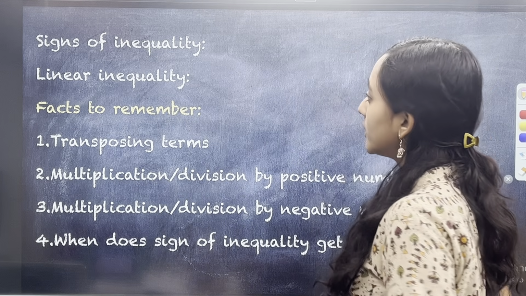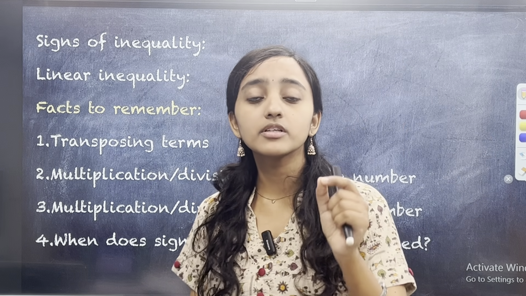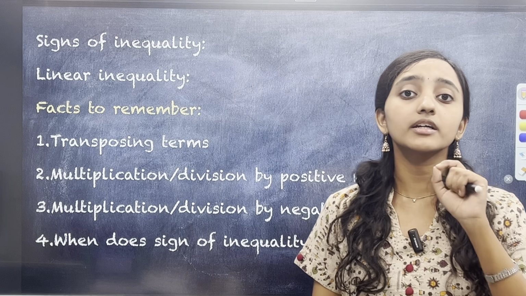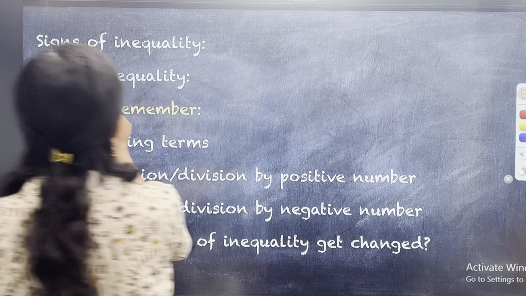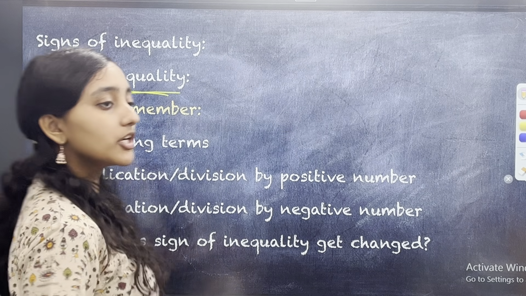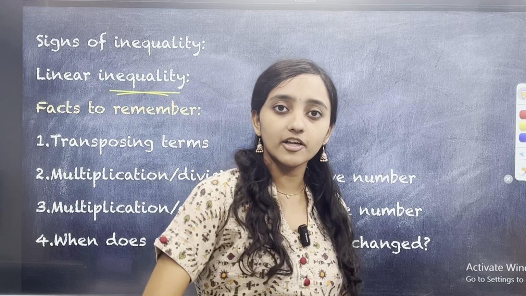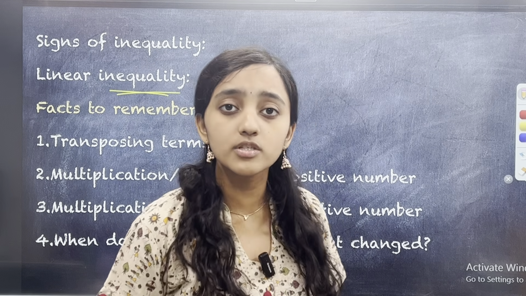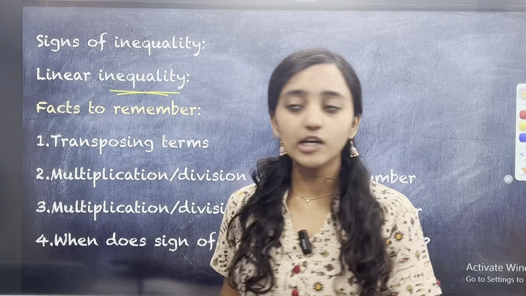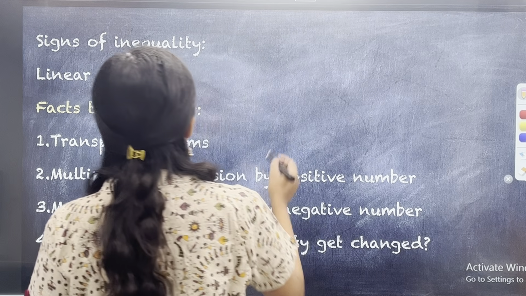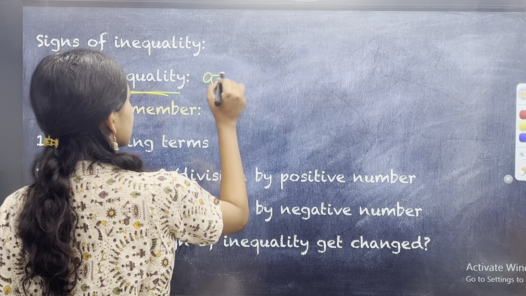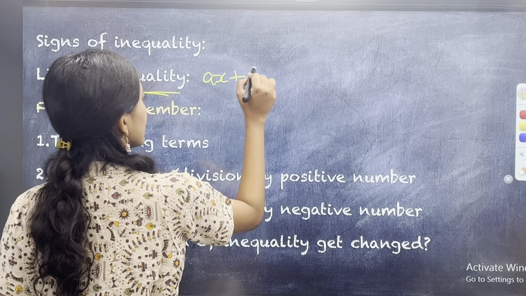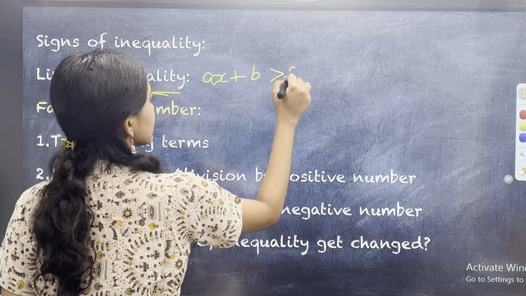मतलब inequality जहाँ पे वेरिएबल का डिग्री 1 होता हो, और inequality का मतलब क्या है? Whenever greater than or less than or greater than or equal to or less than or equal to is used, it is known as inequality. For example, ax plus b is greater than 0.